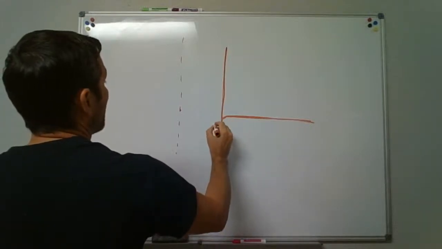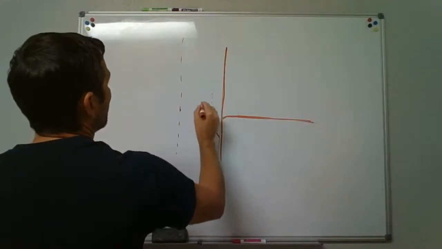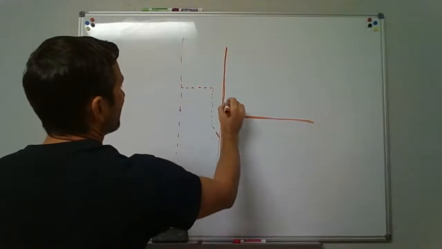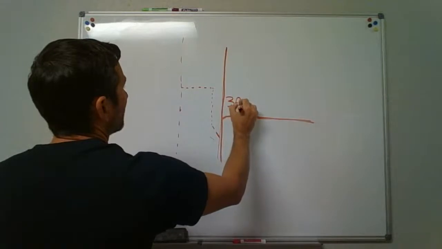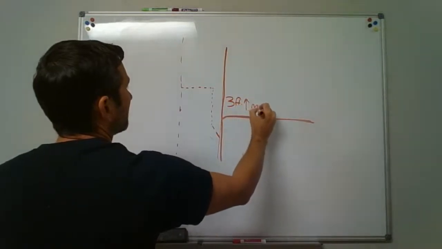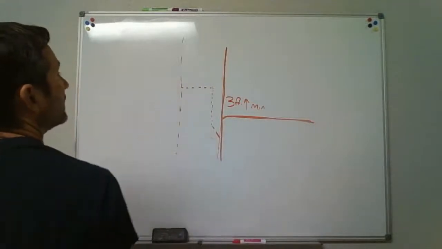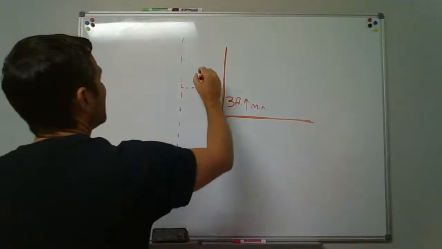So if you came off with that and that vent goes up and is going to connect into here, you've got to have at least 3 foot minimum above the floor before it ties back into your vent stack. And that is your relief vent.